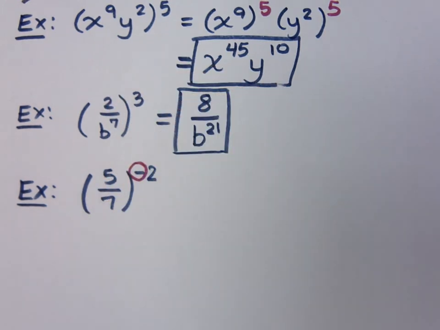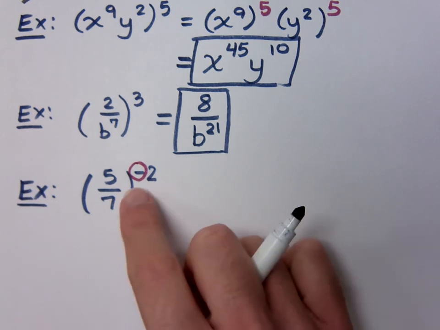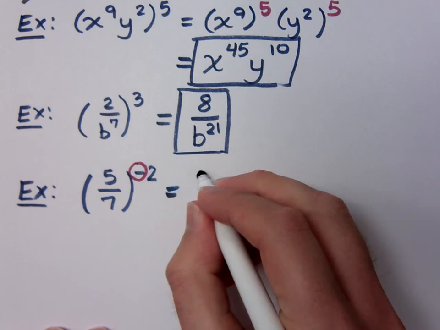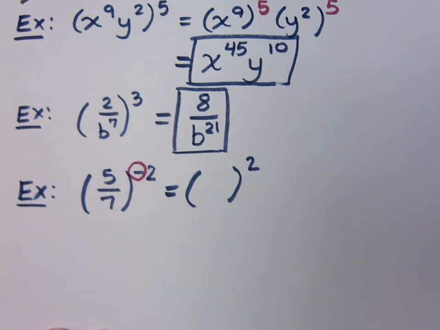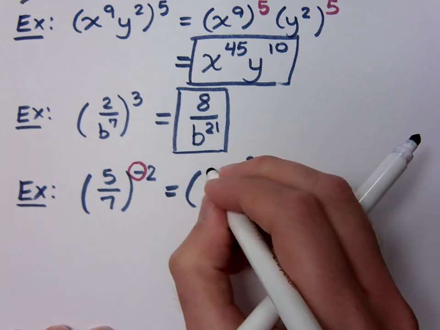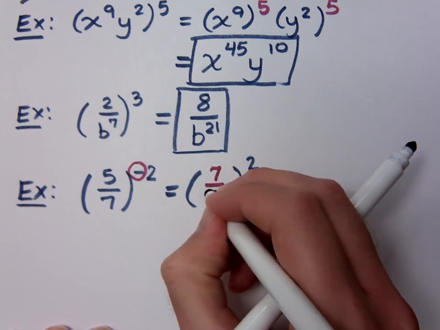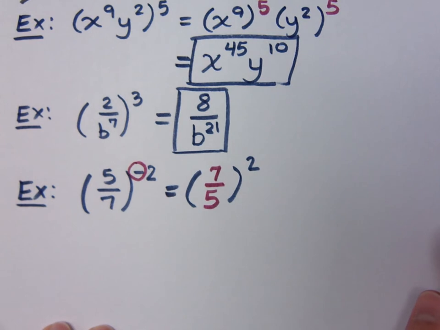That negative exponent really means do the reciprocal. So I can take this negative and apply it to my fraction. And so instead of it being 5 over 7, what's it going to be? Negative 5 over 7? Reciprocal. Negative 7 over 5? No. It's just 7 over 5. The reciprocal is just take it and turn it upside down, right?